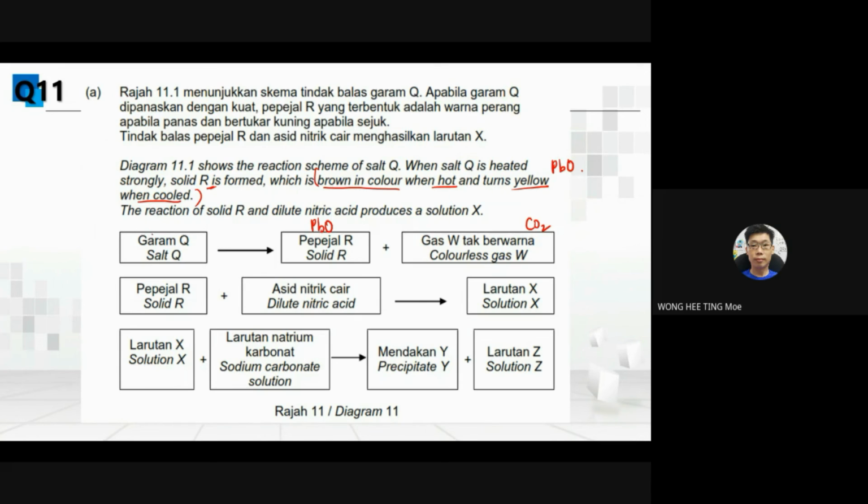So meaning that Q will be, if carbon dioxide, meaning that Q will be lead-2 carbonate. If nitrate, there are 2 types of gases released. Okay, then R is lead-2 oxide. With nitric acid, it produces a solution X. So what is solution X here? If nitric acid, lead-2 nitrate. Okay.